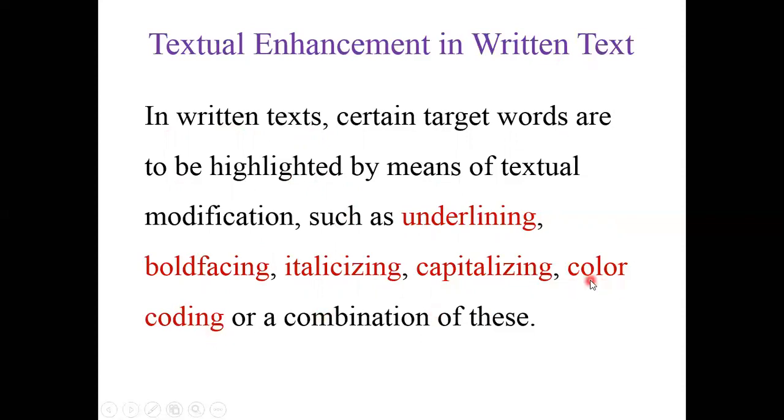You can give different colors to mark different things, for example red as the subject, blue as the verb, and yellow as the object. This is what you call color coding, or a combination of these. This is textual enhancement in written text, so then students can see.